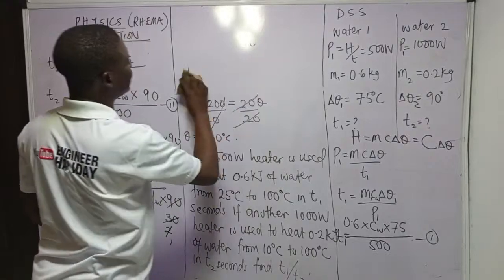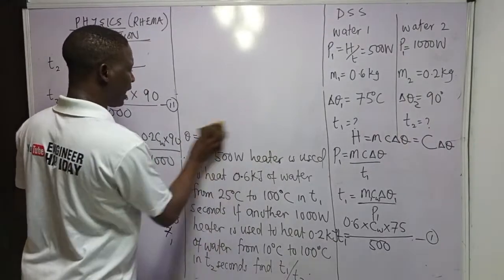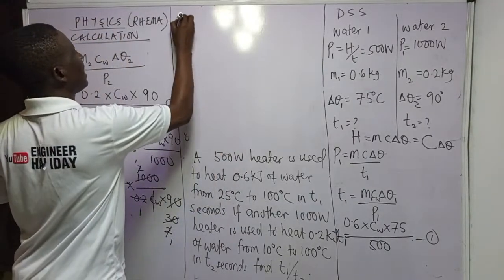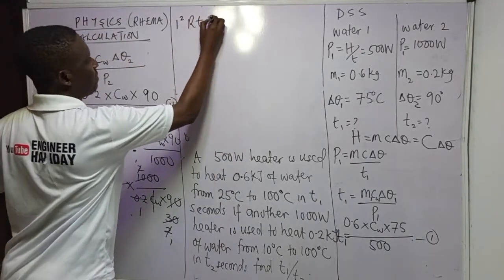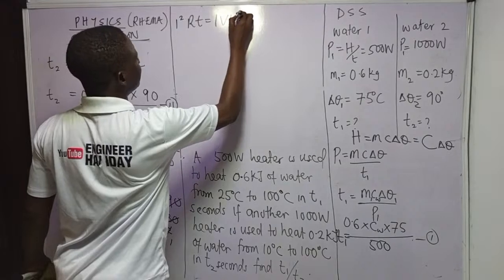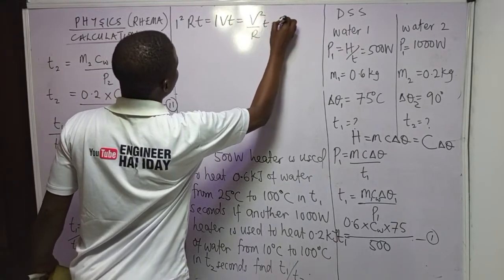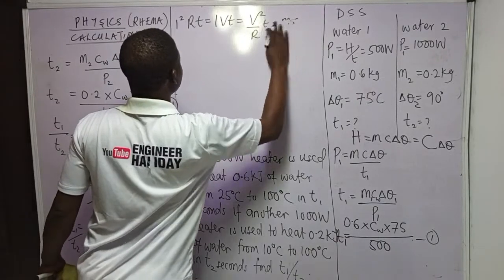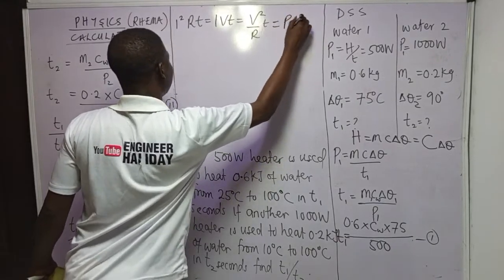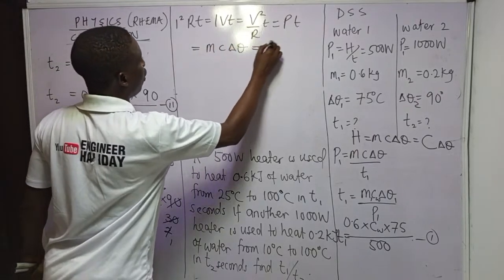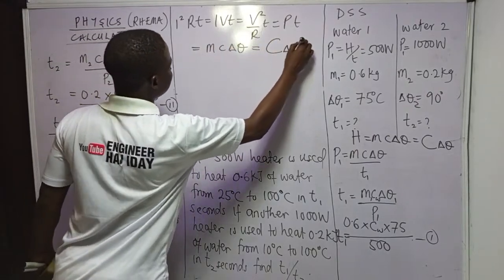Anytime you are dealing with heat energy and change in temperature, it is either I squared RT. Remember, ITV equals what? V squared over R times T, or equals what? MC. In fact, power times time is equal to MC change in temperature, or capital C change in temperature.